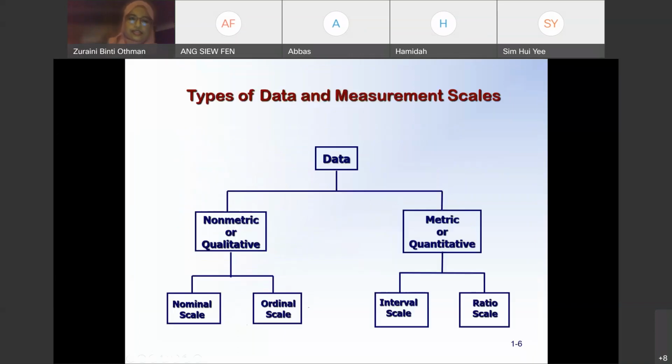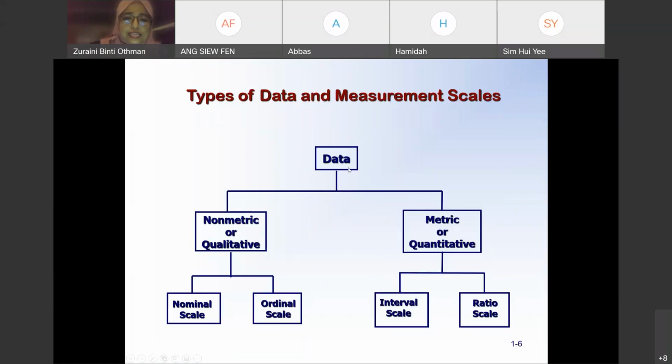Then we go to the next topic, which is type of data and measurement scale. We have data, and we do analysis after we find the data.